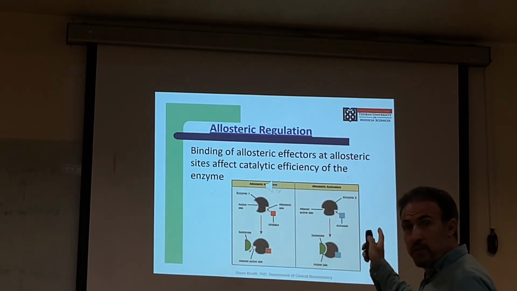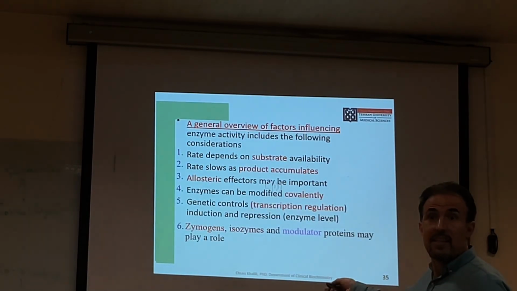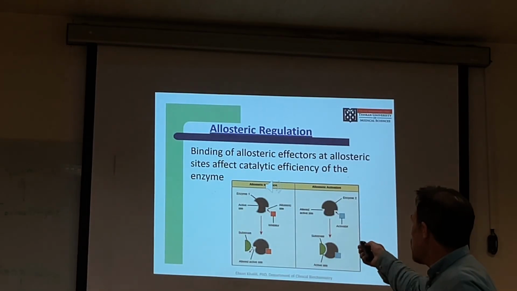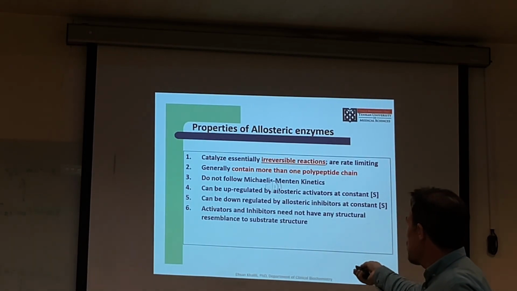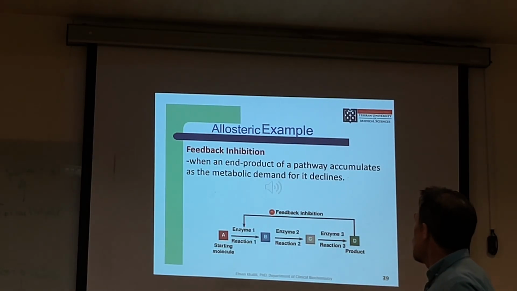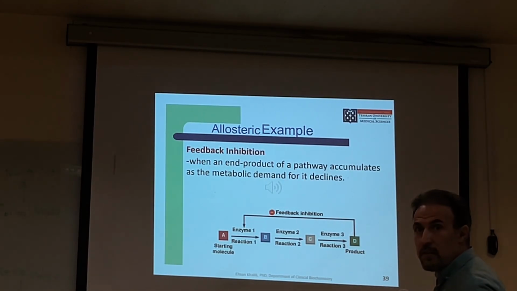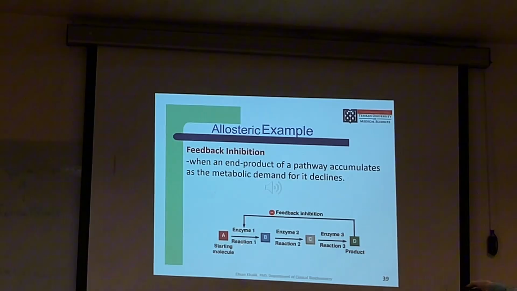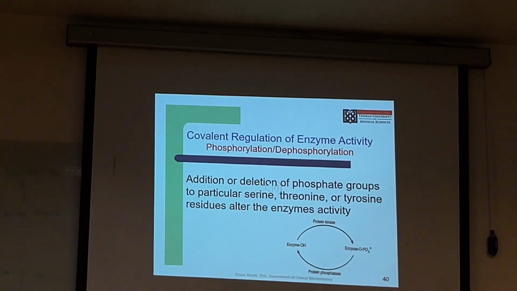I explained all of these things that we had in this slide. In the next slide, all of those things are related to what is allosterase, what is feedback inhibition, where the final product can inhibit the pathway, and covalent regulation of enzyme activity. Phosphorylation and dephosphorylation is the most common one.